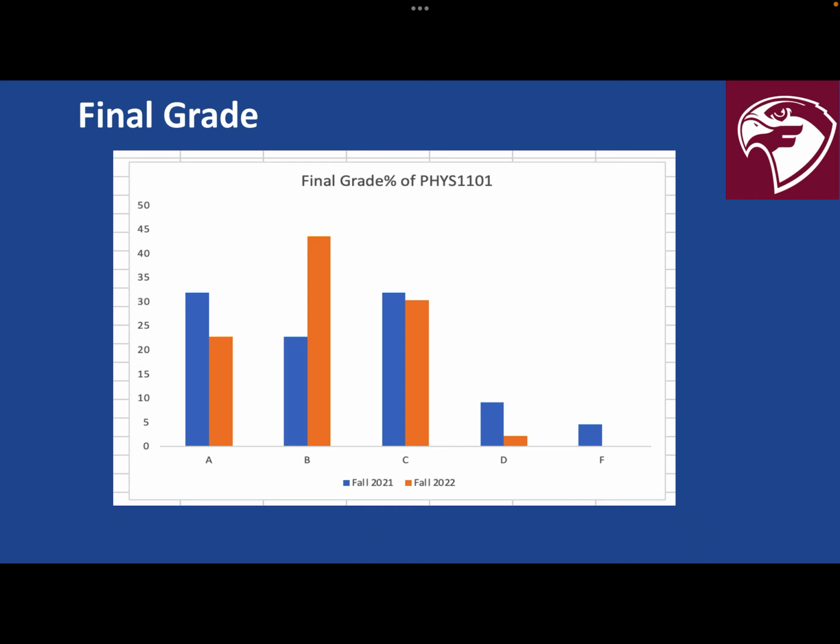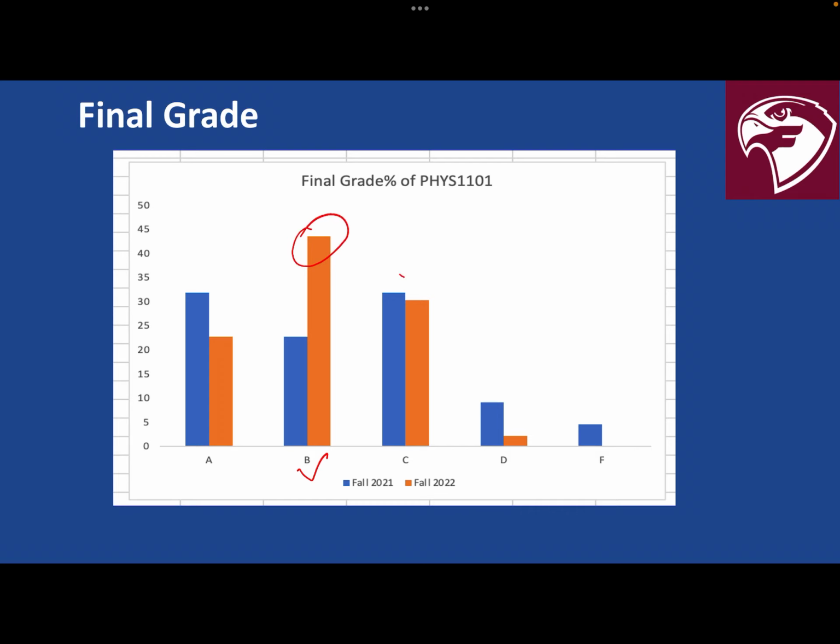In the second block, around 22% of students in 2021 secured a B, but after implementation of the scale-up kind of environment, about 43% of students secured a B. That means a larger number of students secured a B than in 2021.